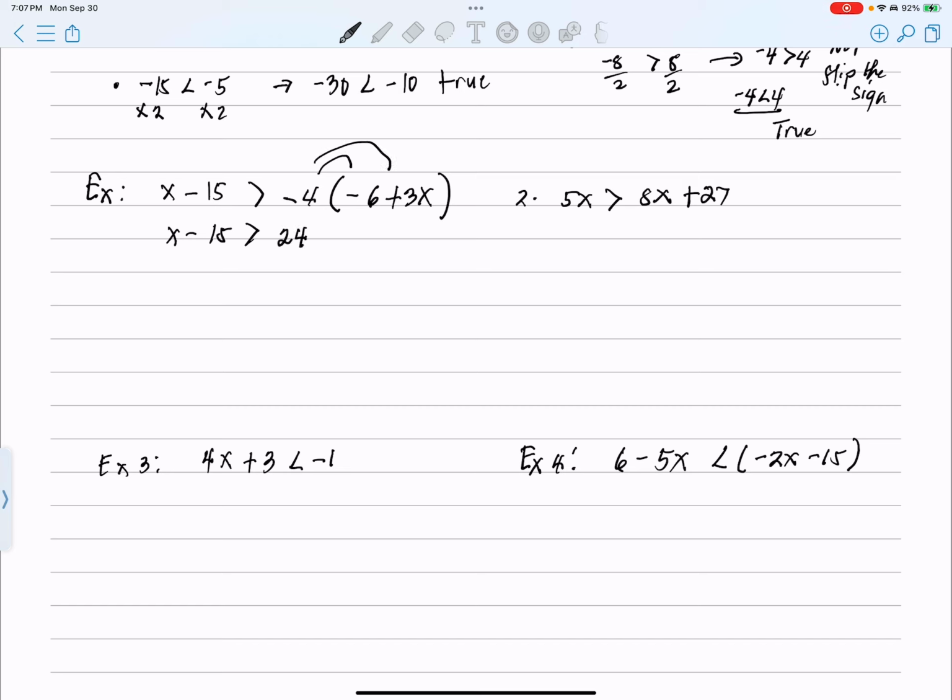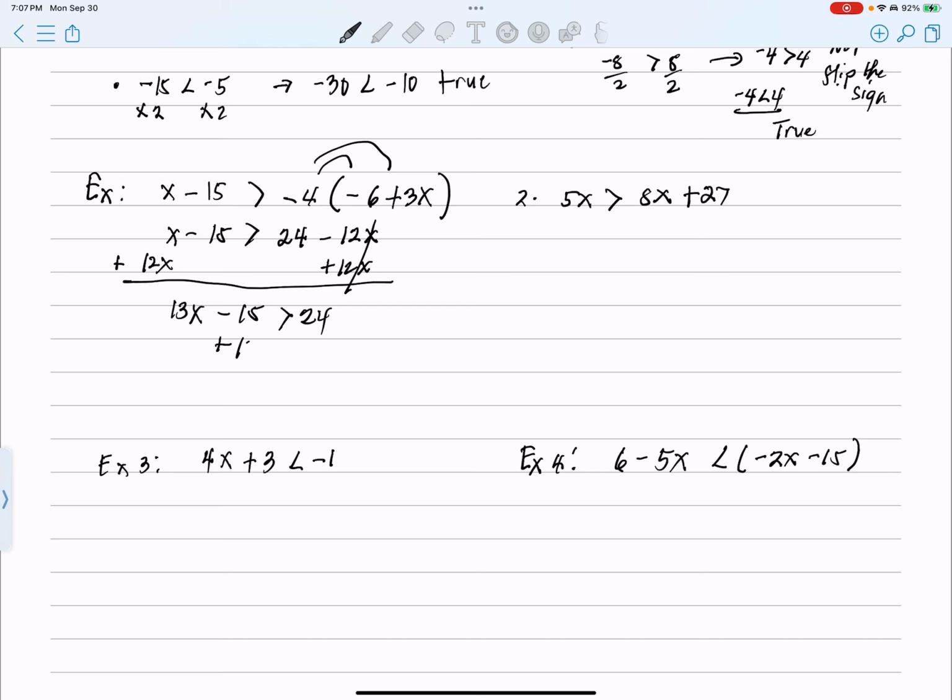Negative 4 times 3x, that's negative 12x. You add 12x on both sides. So we have 13x minus 15 greater than 24.